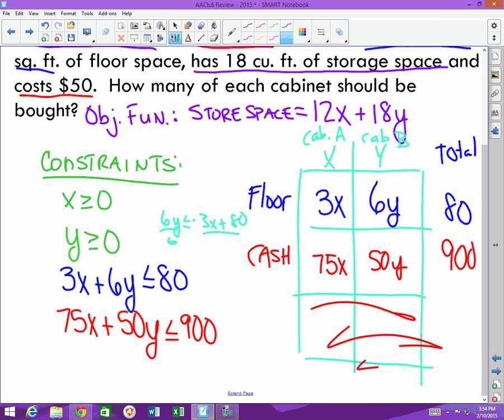Divide by 6. And y is going to be less than or equal to a negative 1/2 x plus 13 1/3. All right, and that's our blue one.